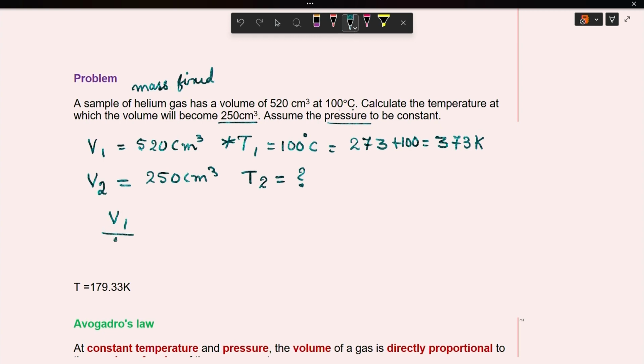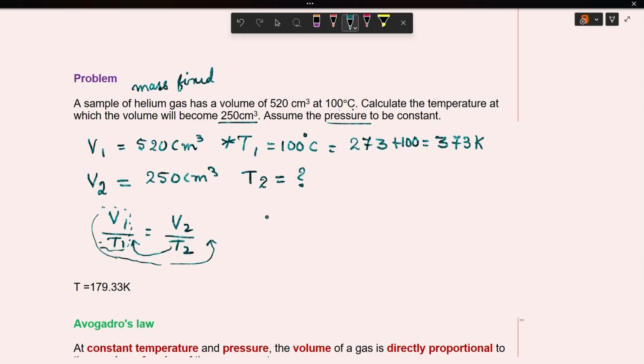V1 by T1 is equal to V2 by T2, and we want to find out T2. So, I am going to take T2 to this side and take these two terms, both V as well as T, together to this side.